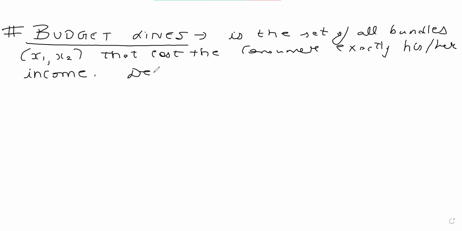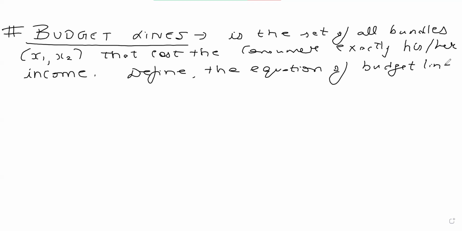So define the equation of the budget line as, again, P1x1 plus P2x2 now exactly equal to the income of the consumer.